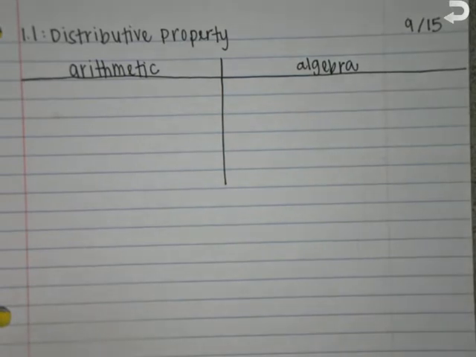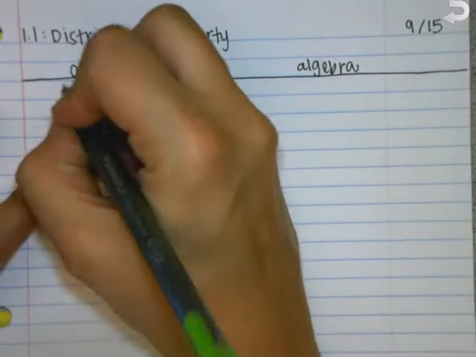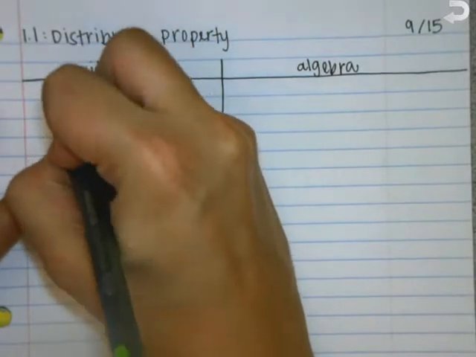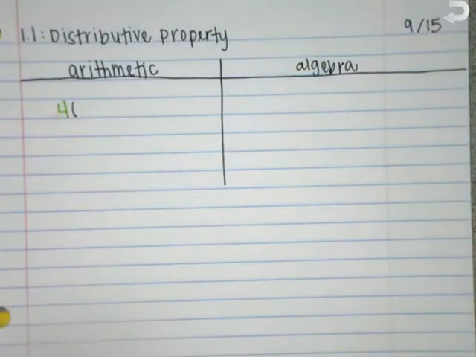Okay, so here's the first thing you guys are going to write down. 4, and I'm going to use color so it can help you see a little bit better. 4 times 20 plus 6.